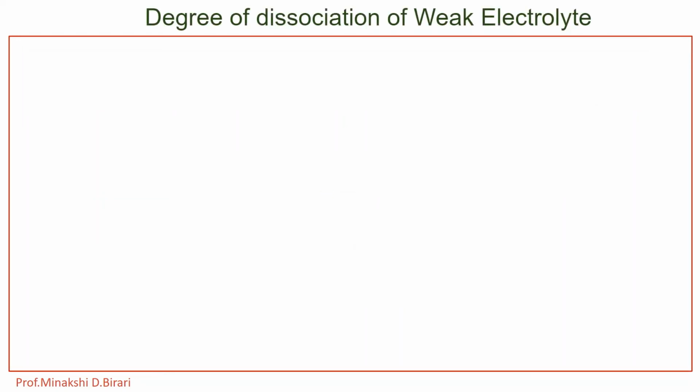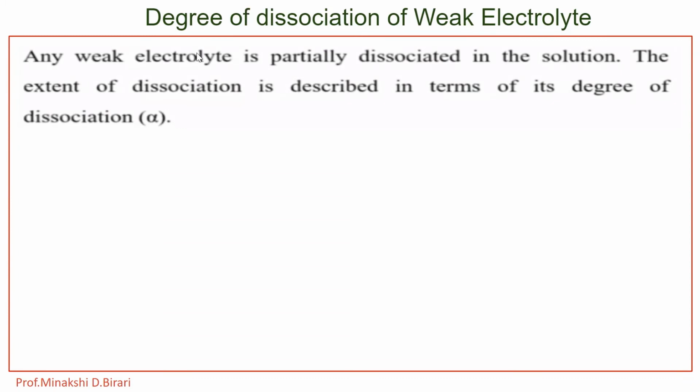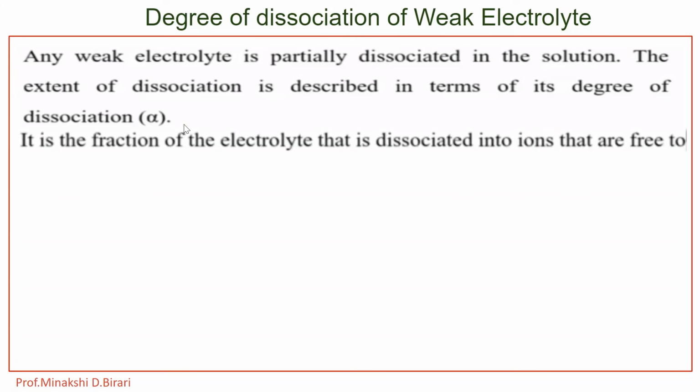Then the second application of Kohlrausch's law, that is degree of dissociation of weak electrolyte. Any weak electrolyte is partially dissociated in the solution. The extent of dissociation is described in terms of its degree of dissociation, that is given by alpha. It is the fraction of the electrolyte that is dissociated into ions that are free to carry current.